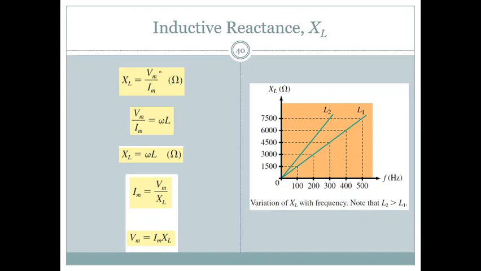Instead of R, we put the inductive reactance XL. So V is equal to XL into I, I XL. So XL is now omega L from the earlier definition. Right, so that's that. This will hold for the RMS as well, because dividing Im and Vm by root 2 doesn't change anything.